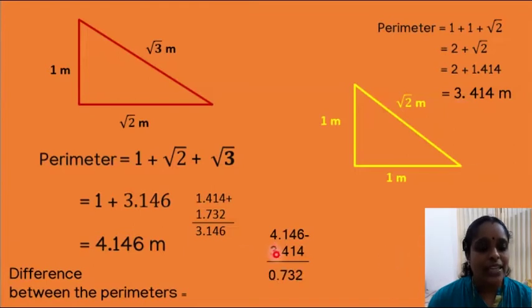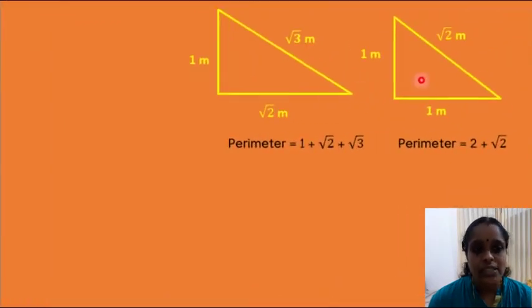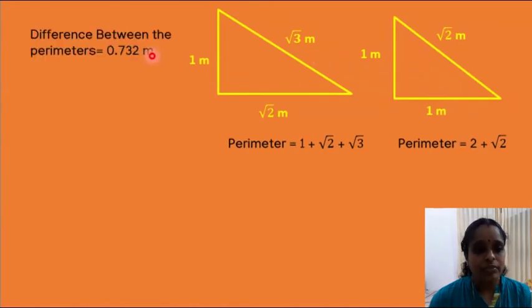So we get the difference between the perimeters equal to 0.732. Here this is the first triangle and this is the second triangle and the difference is 0.732.